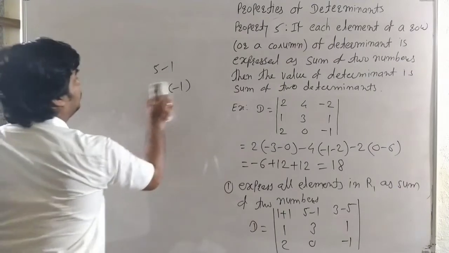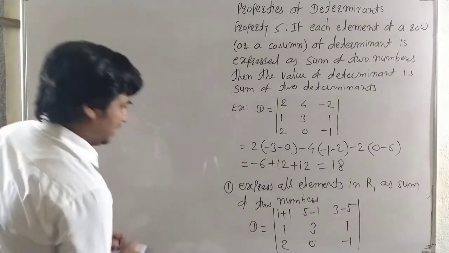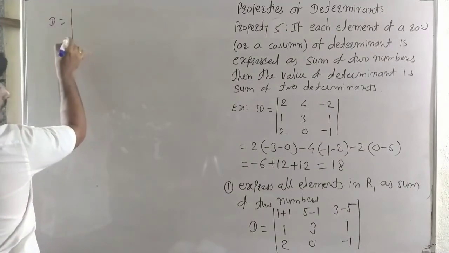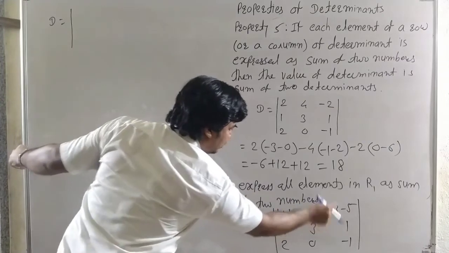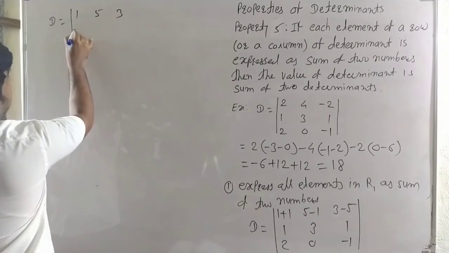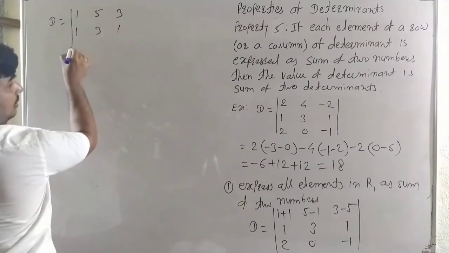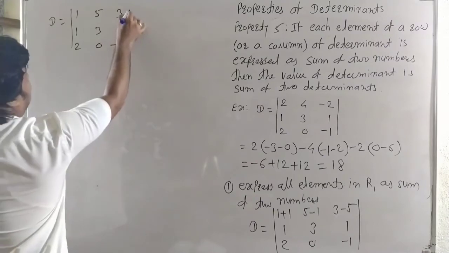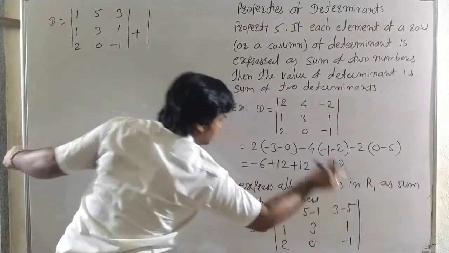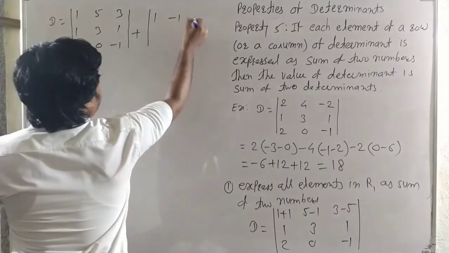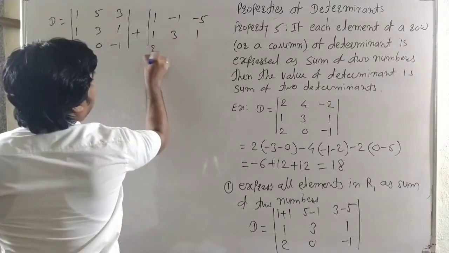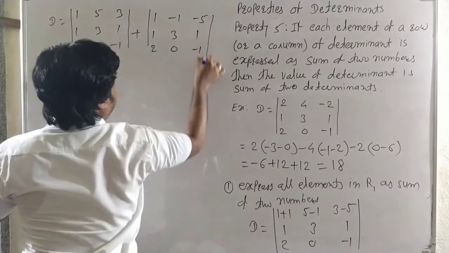Now we get the two determinants. See carefully, the two determinants are: first 1, 5, 3, with second row and third row 1, 3, 1, 2, 0, minus 1, plus again the second determinant with first row 1, minus 1, minus 5, and rows 1, 3, 1, 2, 0, minus 1.